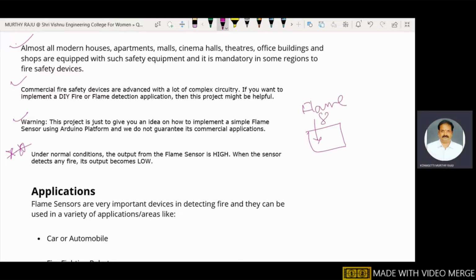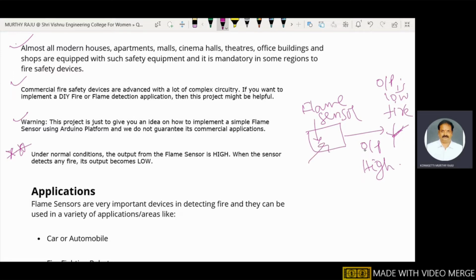When the sensor detects a fire, this is the fire, its output becomes low. This is an important point regarding the flame sensor.